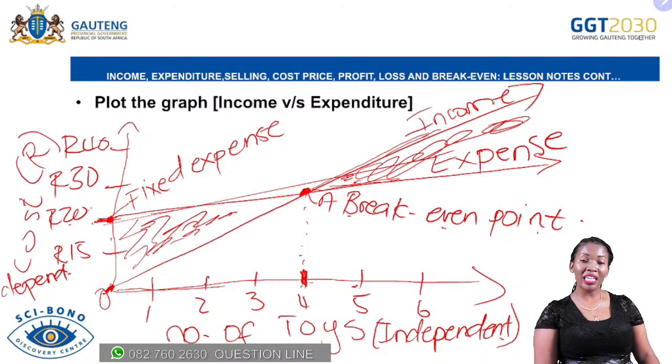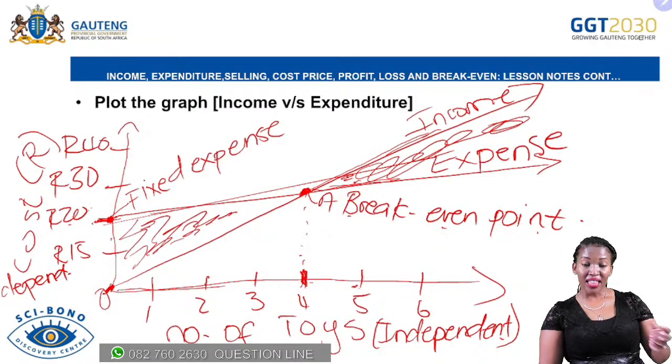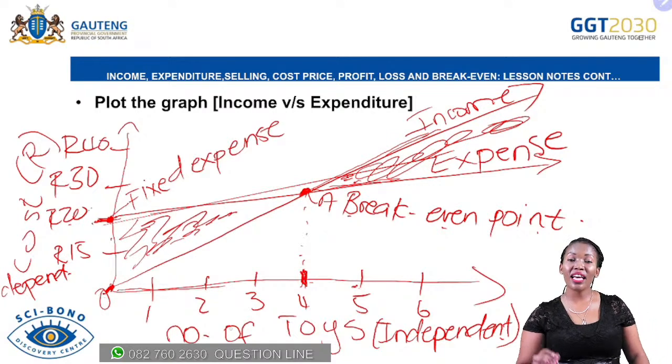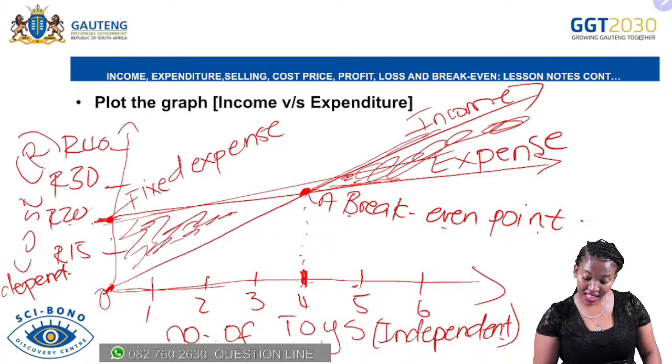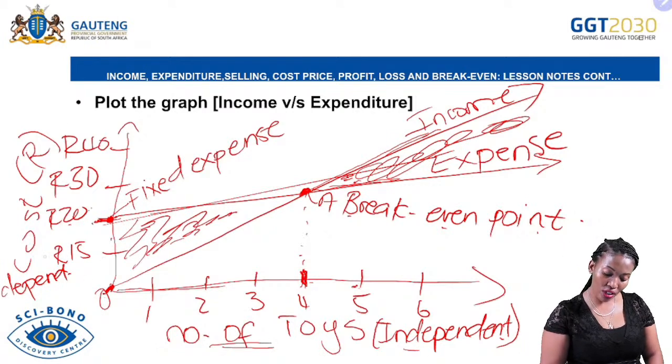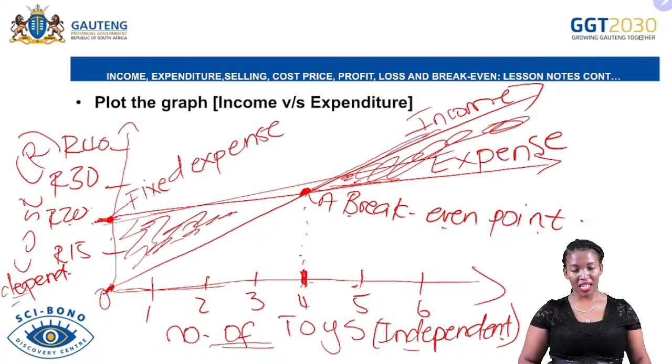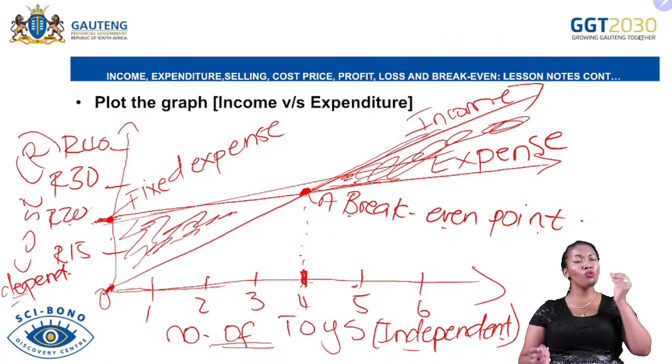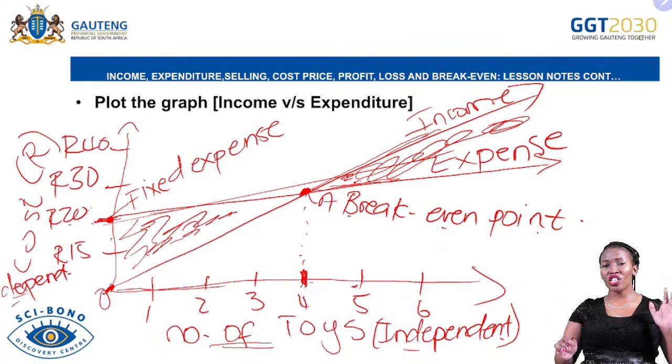The amount of money that you are going to spend, the amount of money that you are going to pay, will depend on what? On the number of toys that you are buying, or the number of toys that you are producing. That is why I'm saying that the number of toys is your independent variable, and your cost is your dependent variable.